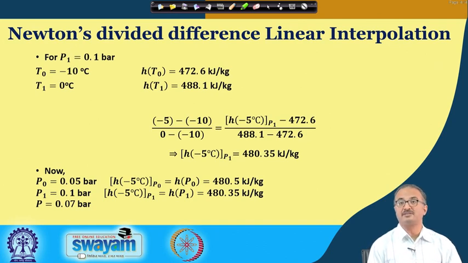It might so happen with some properties that this linearity may be destroyed if you go for some other value of the pressure. So, it is better to stick to the same range, but there is no hard and fast rule mathematically to go with the same range of these bounding values.